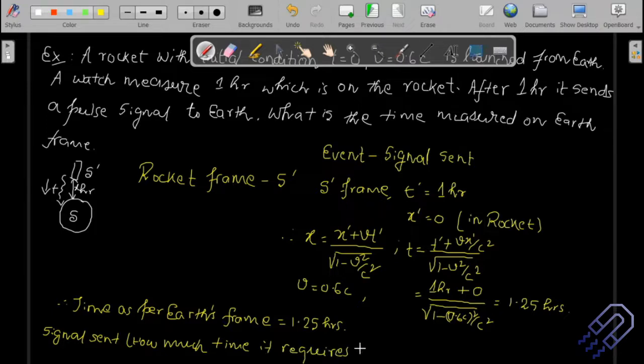How much time is required for the signal to reach earth?